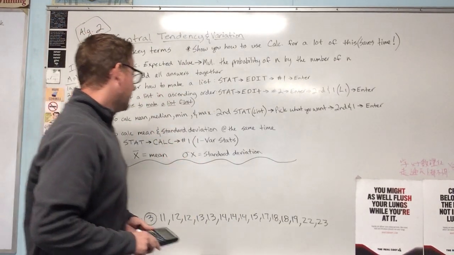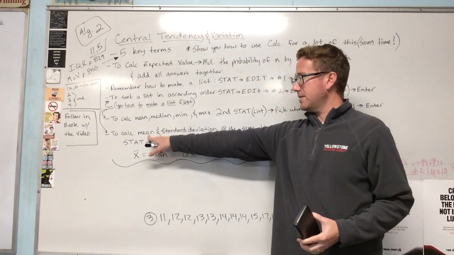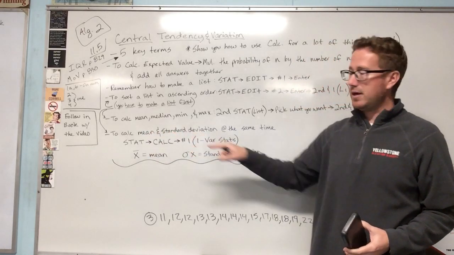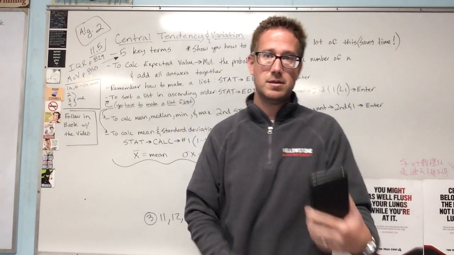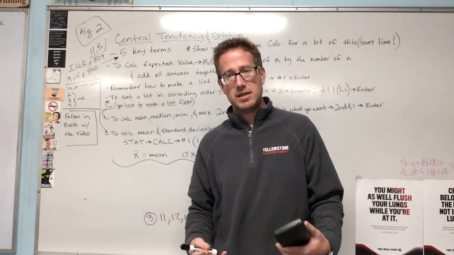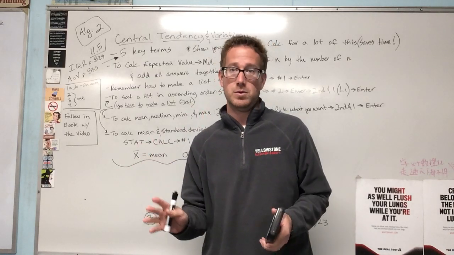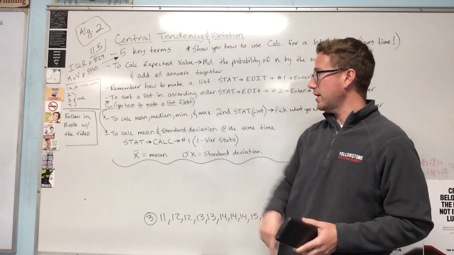Okay, now this one is really important. The mean and the standard deviation, okay? This is important because if you tried to do this longhand, it's a lot of calculations where if you make one simple mistake, the whole thing is ruined, okay? So again, you already have your list, step one.